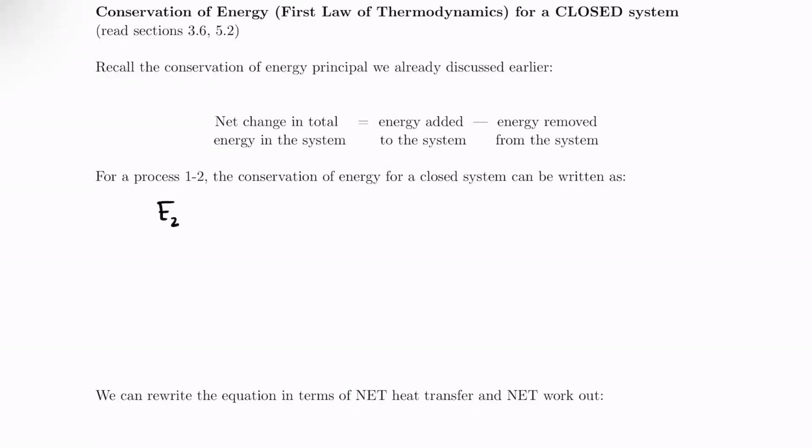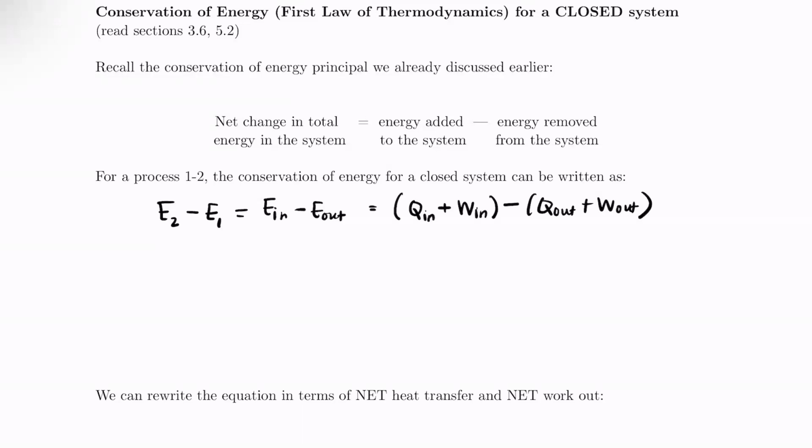Okay, so if we have a process that goes between state 1 and state 2, the conservation of energy for a closed system can be written as the following. So we have energy at state 2 minus energy at state 1 is equal to the energy in minus the energy out. And we can rewrite this as the heat in, Q in, plus the work in minus the heat out and the work out.